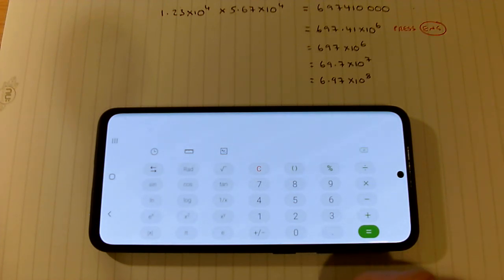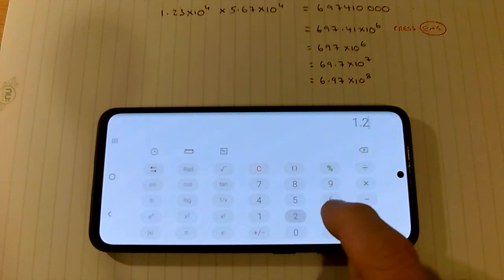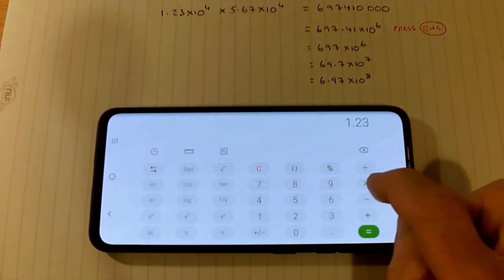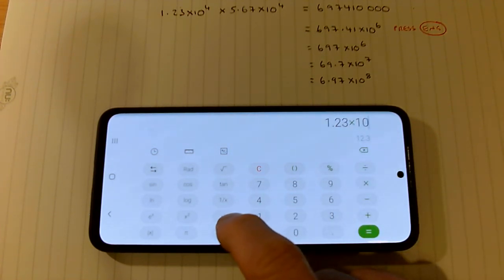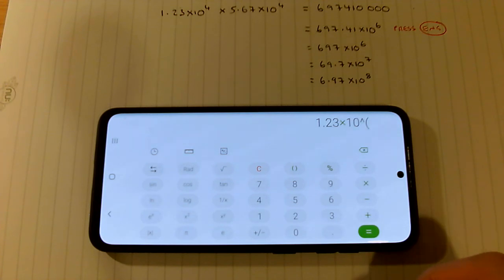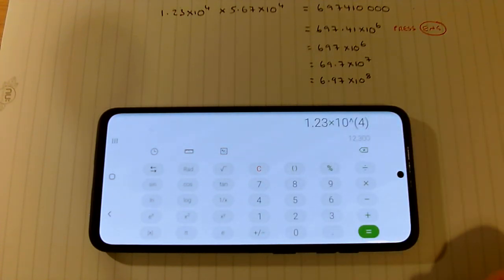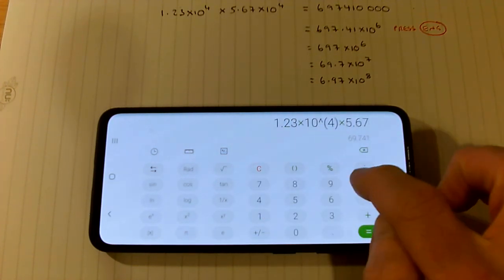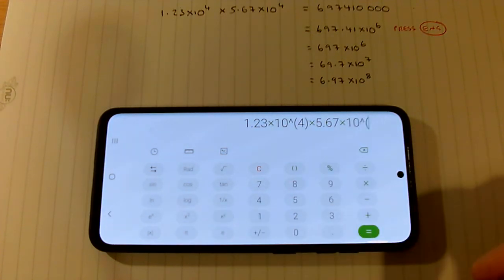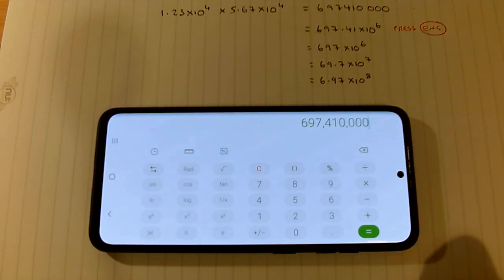So if I want to do 1.23 times 10 to the 4, I'll go 1.23. I then need to go times 10, and this little x to the power of y, to the power of 4, put it in a bracket, multiplied by 5.67 times 10 to the power of 4, and I get the same answer.